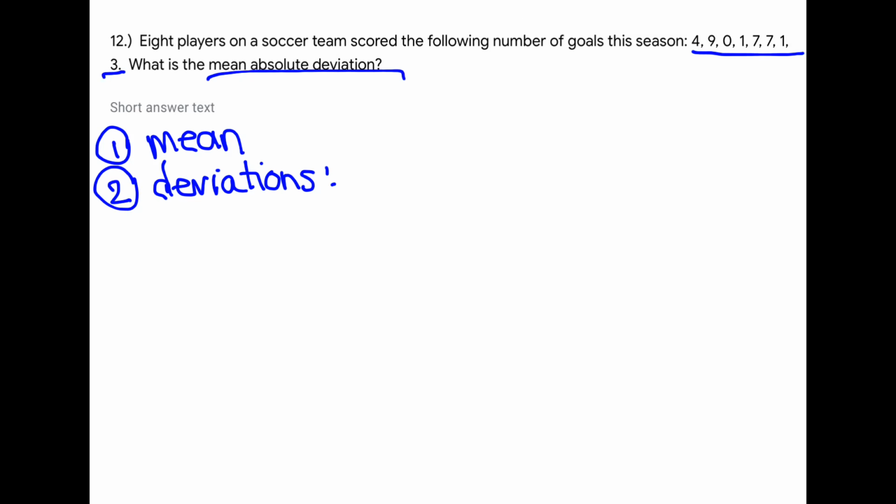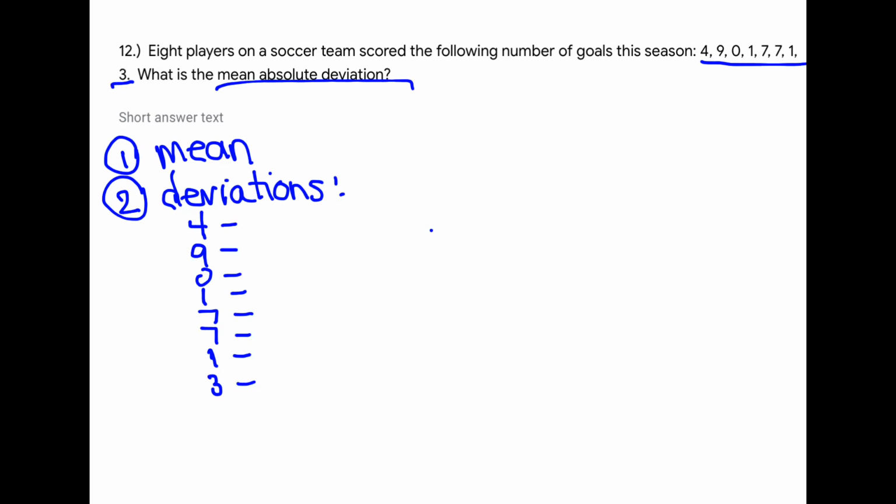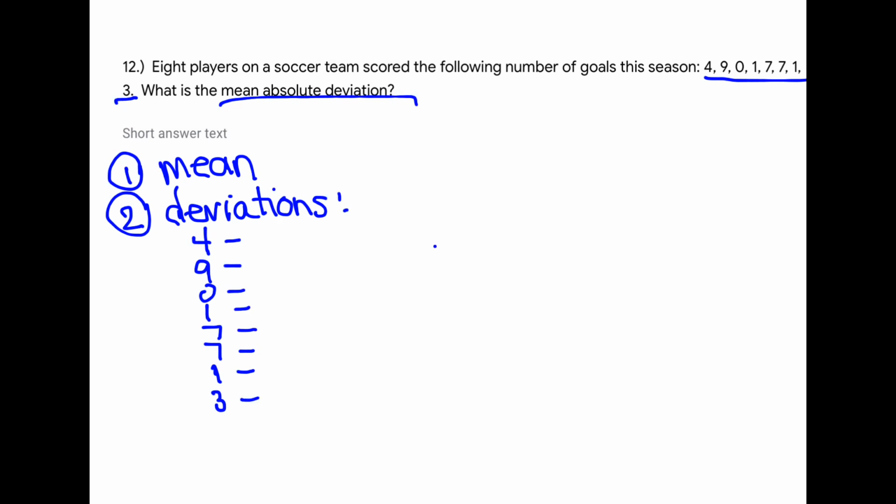So for example, we have 4, 9, 0, 1, 7, 7, 1, and 3. So whatever the mean was, you are going to subtract, but you need to put the bigger number first when you subtract.